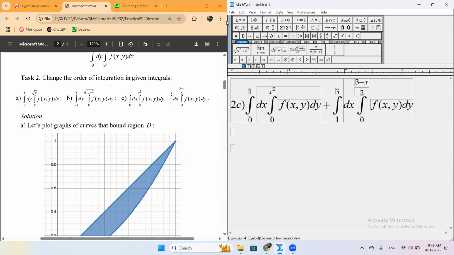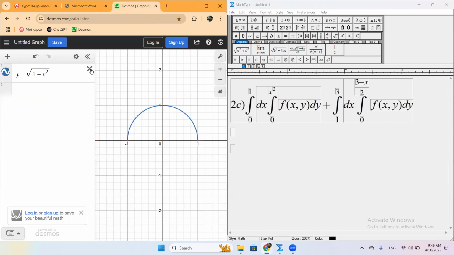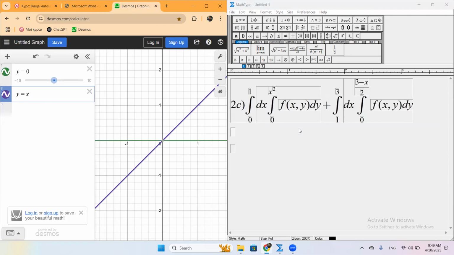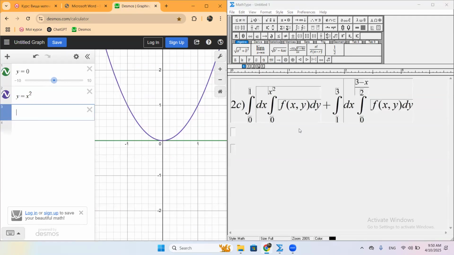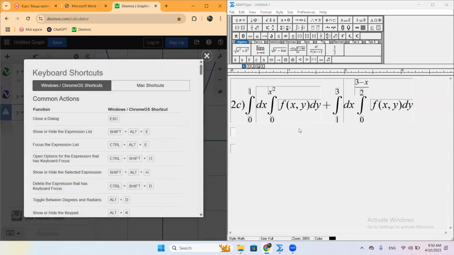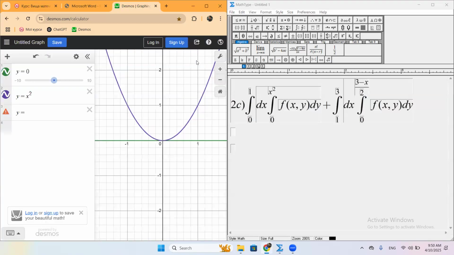So let's plot this region, and then we will understand what to do. Let's plot all these curves: y equals 0, then y equals x squared, and y equals the following straight line.